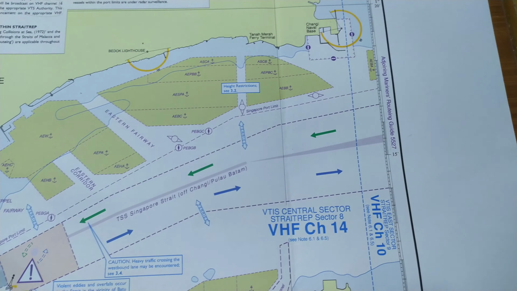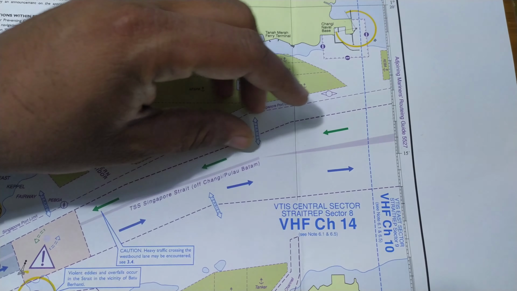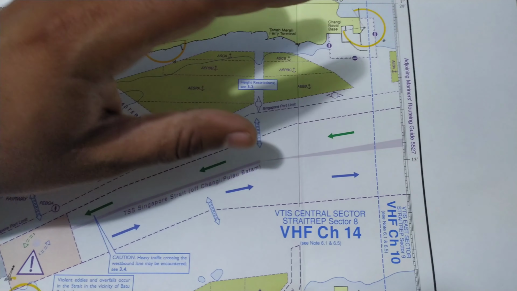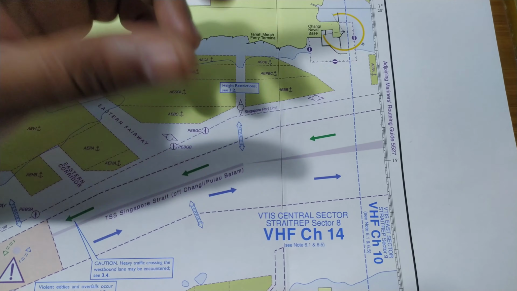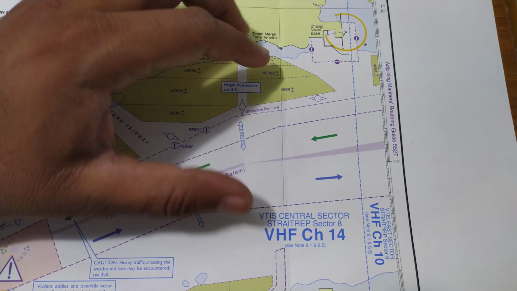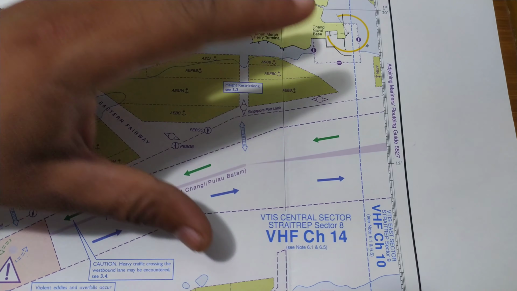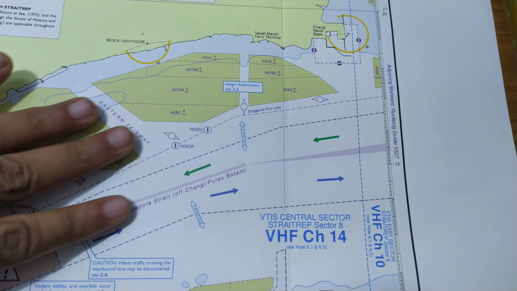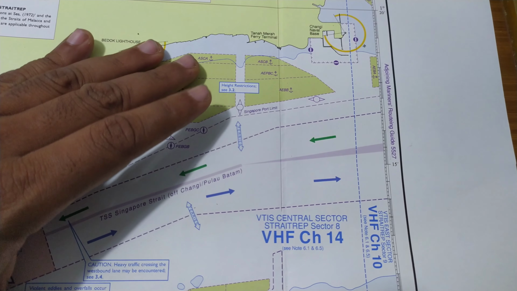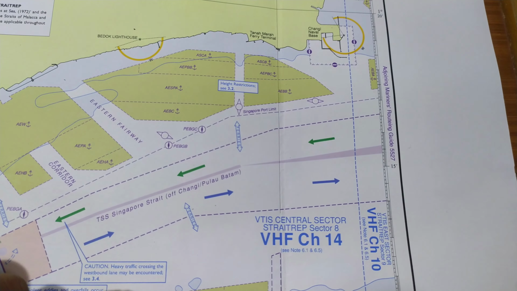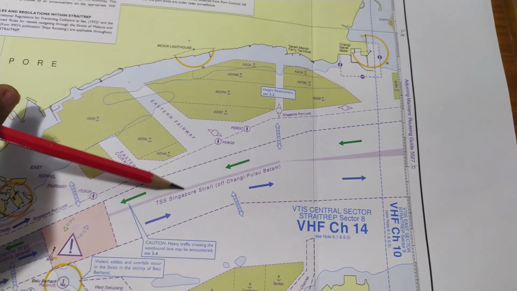As you can see, there is nothing shown in this chart for the depth, weather or lighthouses. Nothing is given. They are just giving you a broad outline of the region and of all the pilot boarding grounds.